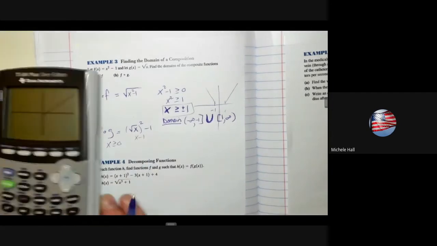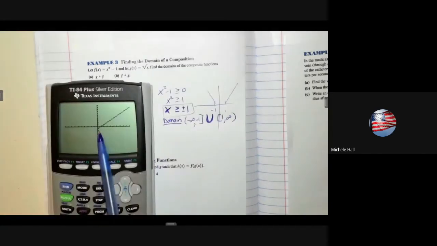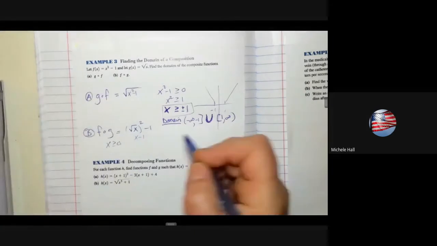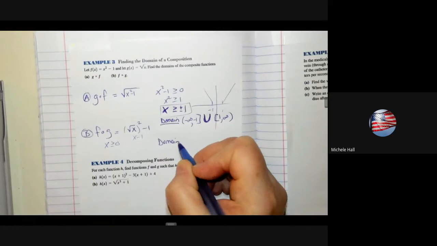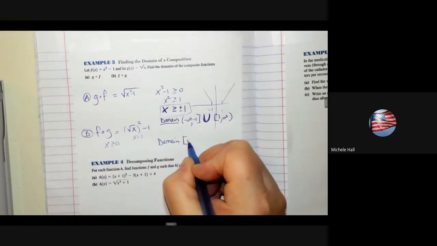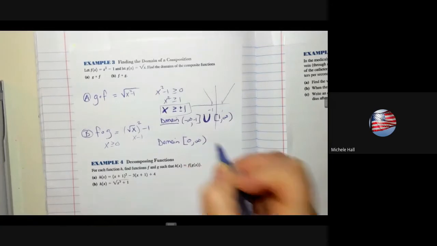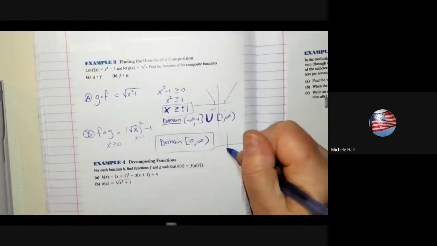But this one, notice how the y-intercept is -1 and the slope is 1, but you have to be greater than 0 still. The domain for this one would be that you're going to have to be from 0 to infinity. This picture started at -1.